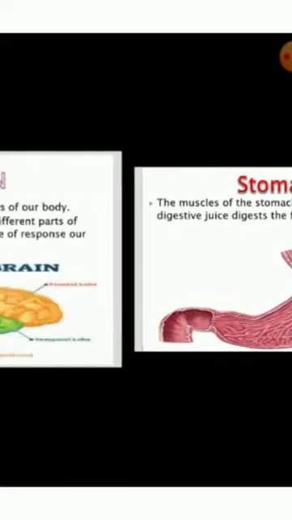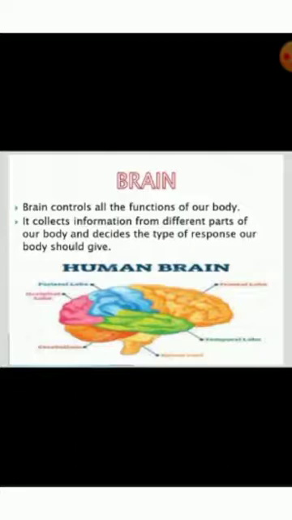Okay, now come to the most important and vital body organ. It is called the brain. It is present in our skull, and it is the most sensitive and important part of our body. It is enclosed in the skull, and it controls all the functions of our body.